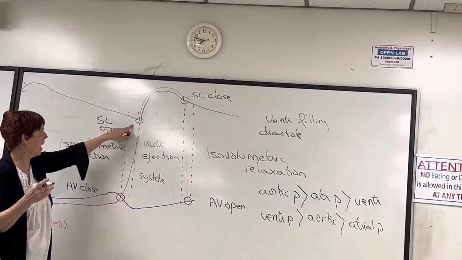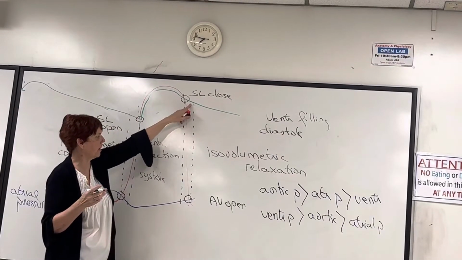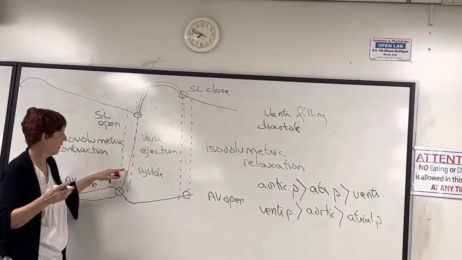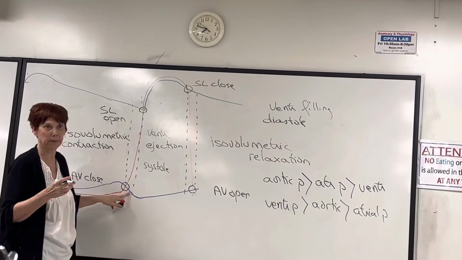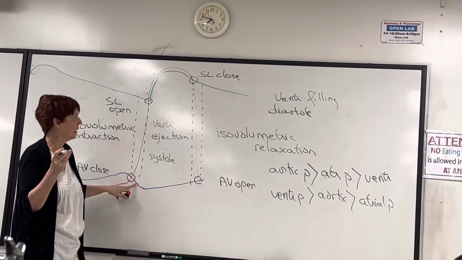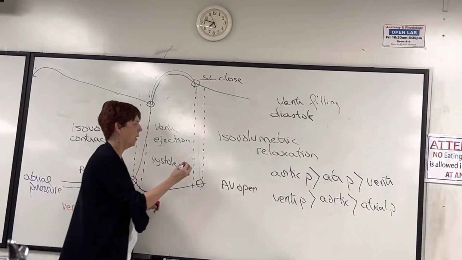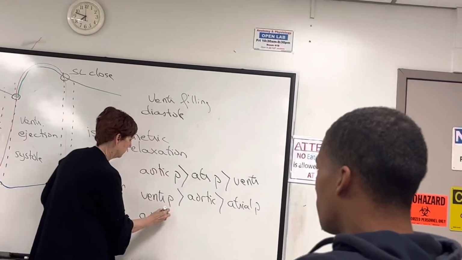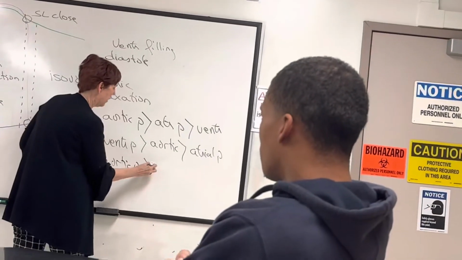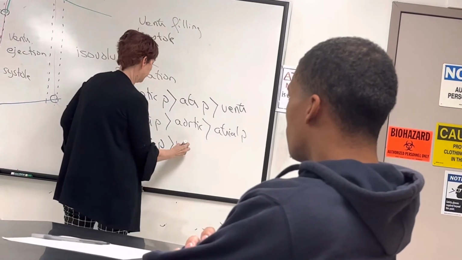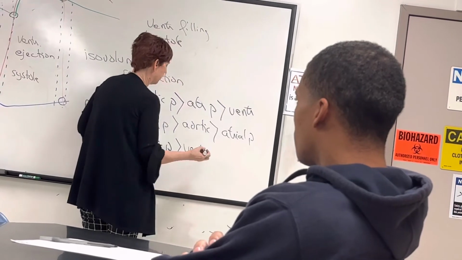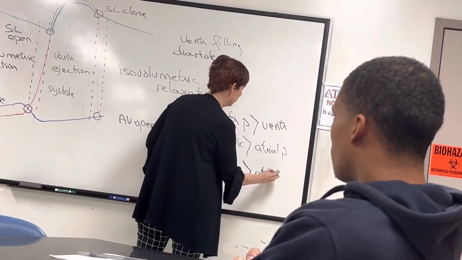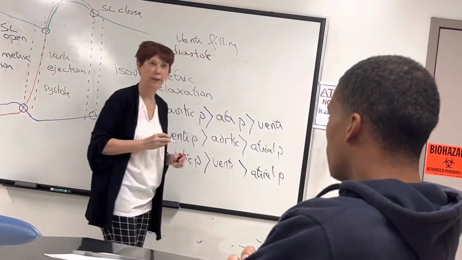All right, so when that happens, you can see that aortic pressure is higher, again, but ventricular pressure and atrial pressure are flipped. So aortic pressure is higher than ventricular pressure. That closes the semilunar valves or keeps them closed. Ventricular pressure is higher than atrial pressure, and that keeps the AV valves closed.